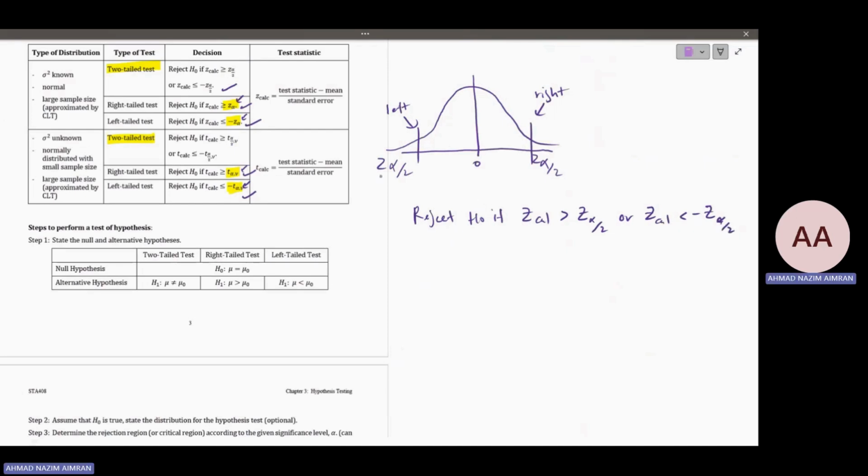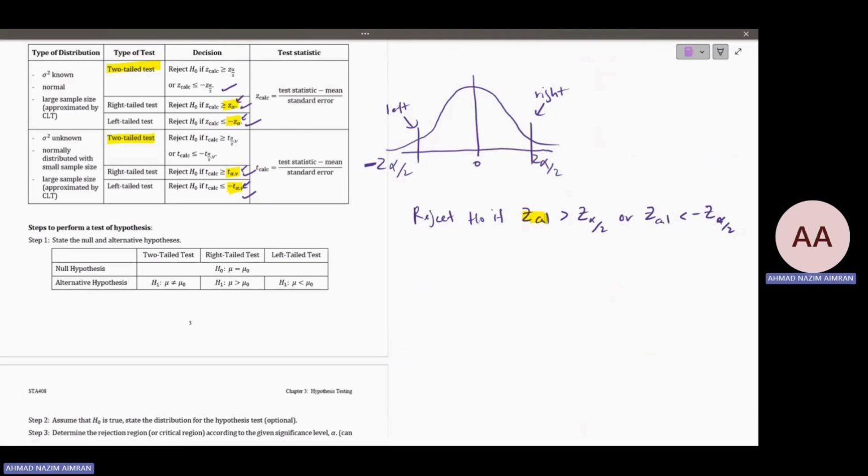Okay, because this is not Z alpha over 2, but negative Z alpha over 2, because it is on the left side.